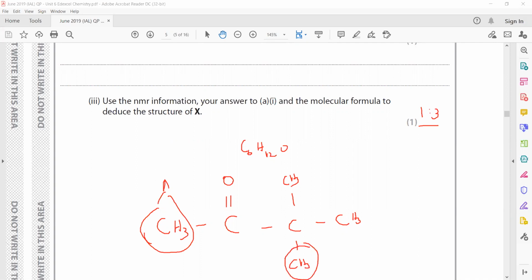So these are two different hydrogen environments: CH3 next to C only, and here CH3 next to C double bonded with O. This is environment B; the first one was environment A. Comparing the hydrogens in environment A to B, A has 3 and B has 9, so the simplest ratio is 1:3. So this is a possible structure for compound X. Is it clear how we deduce the structure of compound X?